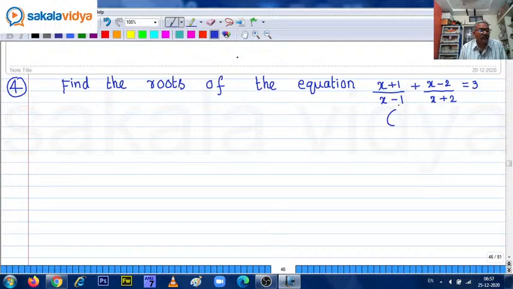Here the condition given is x does not equal 1, minus 2. Except x equal to 1 and minus 2, we need to solve this equation, right?